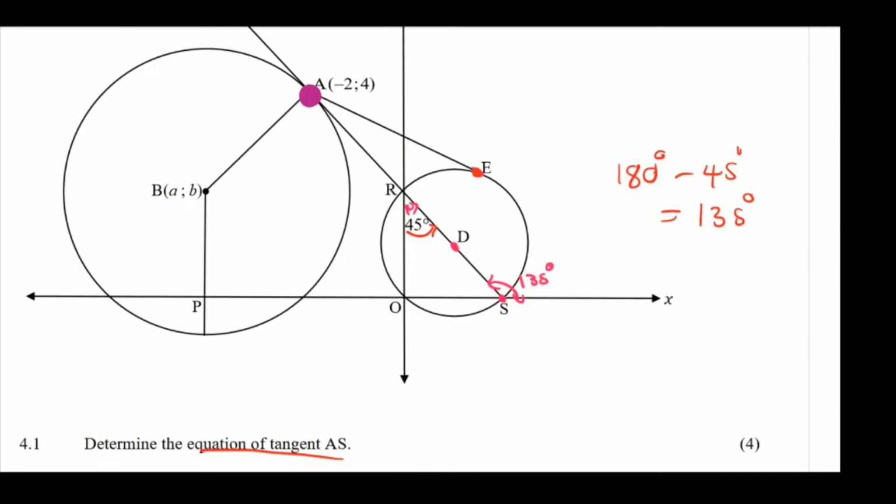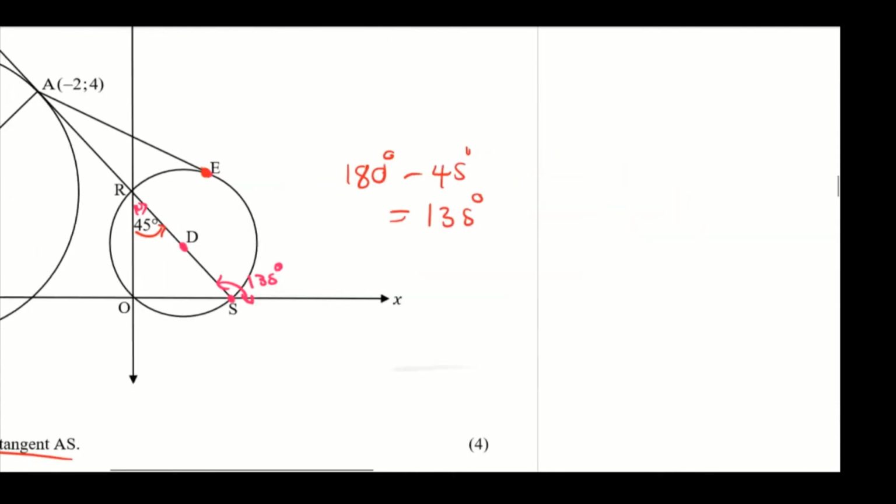Cool. So for us to find the tangent, we have to use the angle of inclination, which is going to be tan of theta is equal to the gradient, right? So we'll be able to find the equation of AS, and we'll also use the point A to find the equation of the tangent.